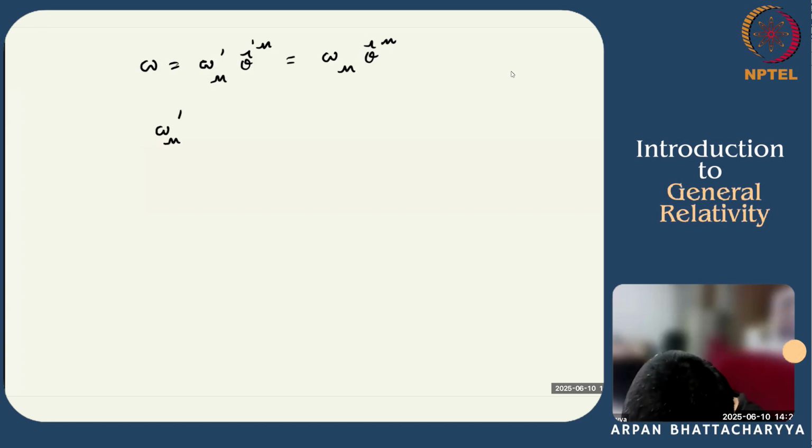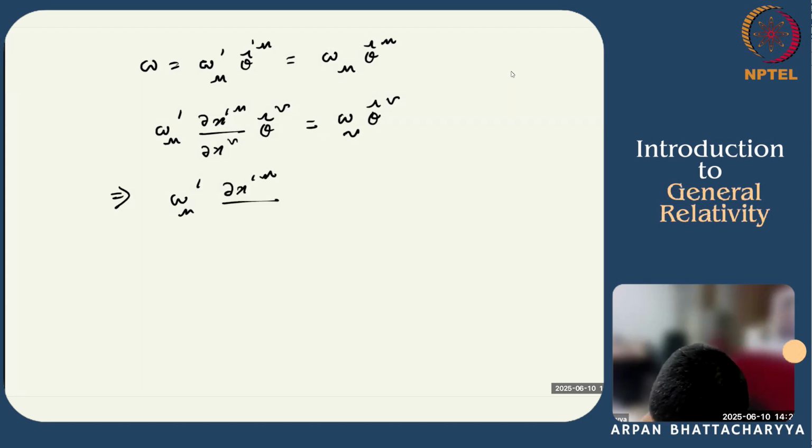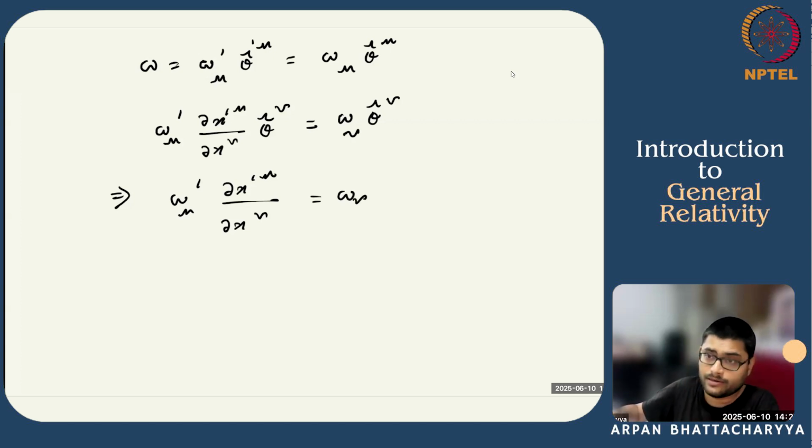Mu, del. Okay. Then this will imply that omega mu prime equals omega mu, and then you can again use the chain rule to invert this relation.